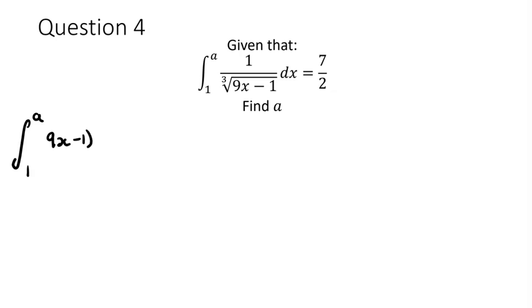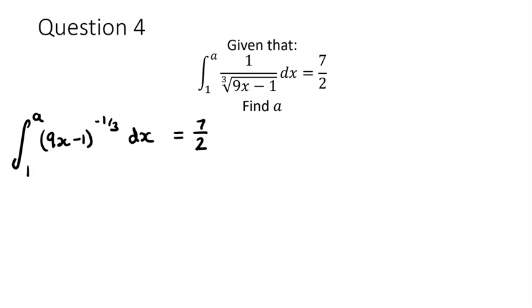So the first thing I want to do is to just rewrite the problem. So rather than have it as 1 over the cube root of 9x minus 1, I'm going to write it as 9x minus 1 to the power of minus a third. So now I'm going to integrate this.